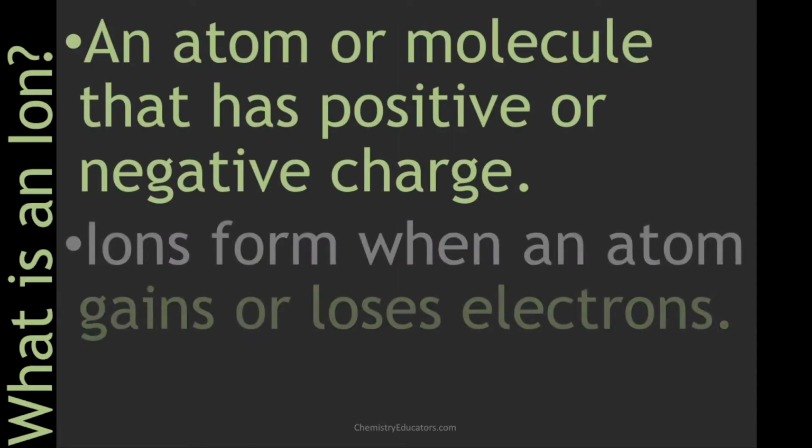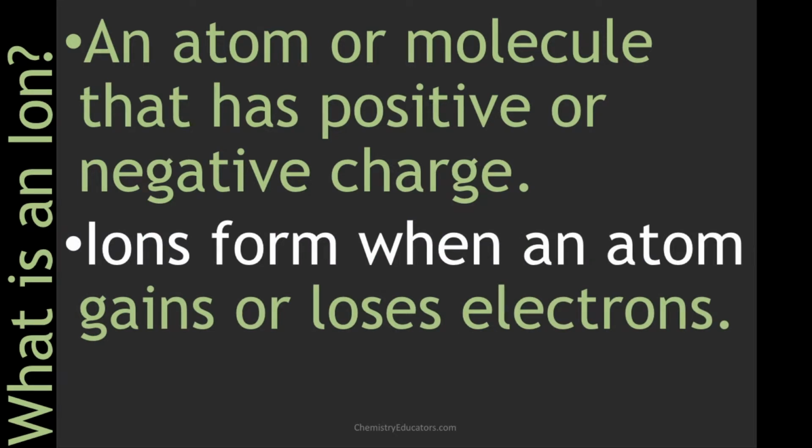Okay, so first, an ion is just an atom that has a positive or negative charge. We've discussed this in the warm-up on the first day of atomic structure, so this shouldn't be a surprise. Ions form when atoms gain or lose electrons. So basically, that's kind of a big deal.